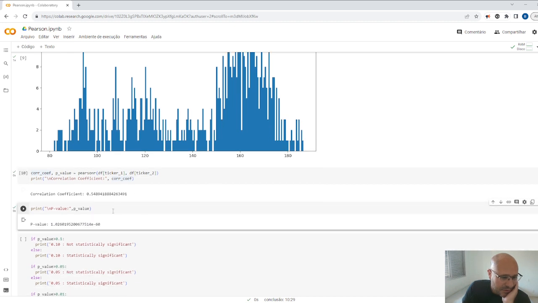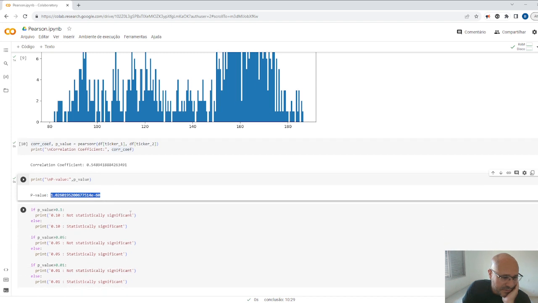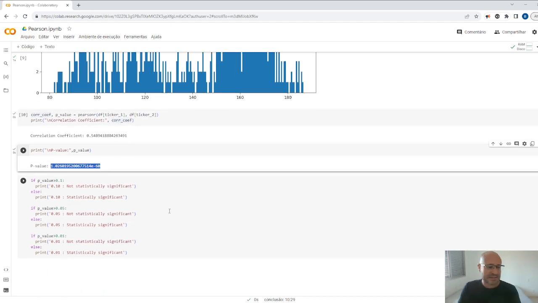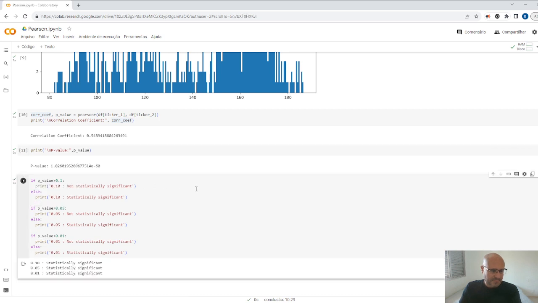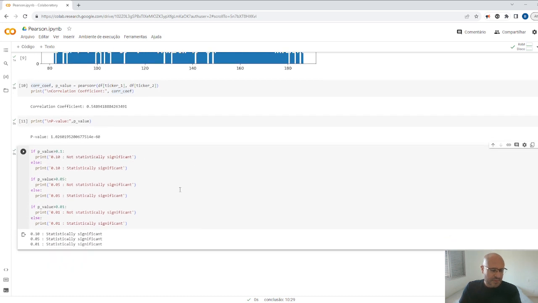We also got a really low p-value here. So let's check the significance between those two data sets. We have three alphas here, 10%, 5%, and 1%.